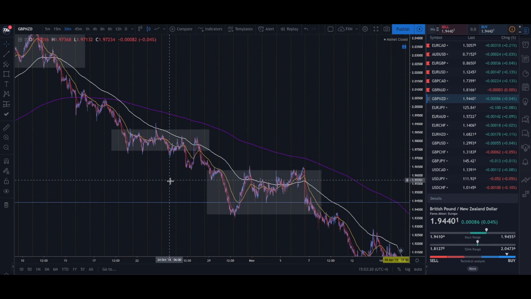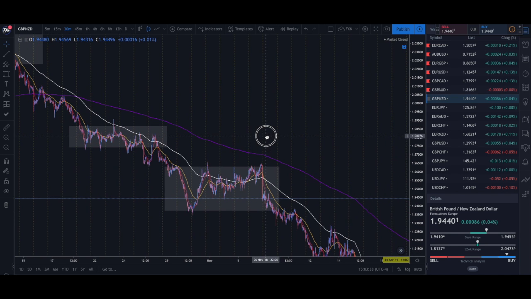If price is above the 800 and the 200, then you're looking for buys. Okay, it's really as simple as that, guys. Don't complicate this. The more you complicate it, the harder you make it for yourself. So do not complicate it.